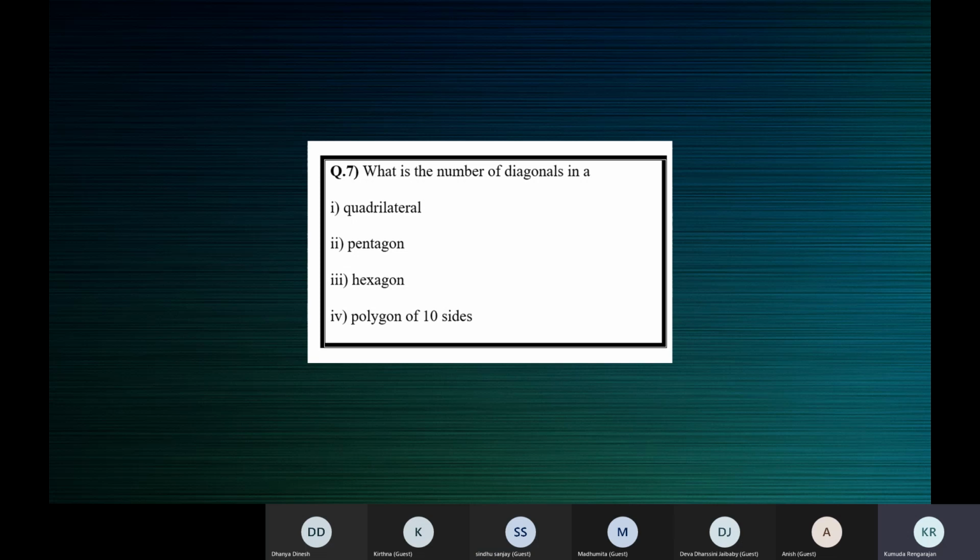Okay, what is the formula to find the number of diagonals in a polygon? N into n minus 3 by 2, ma'am. Perfect. I think then you have to wait for the others to complete. 2 minutes. Yes, ma'am.